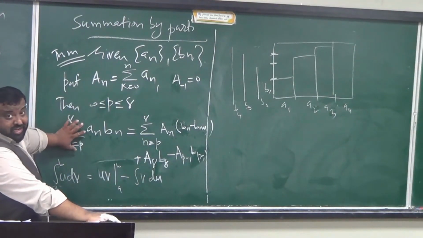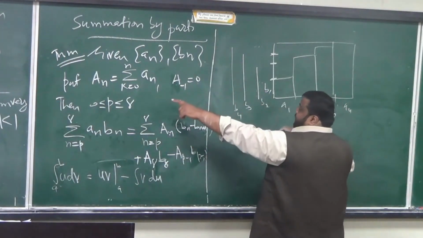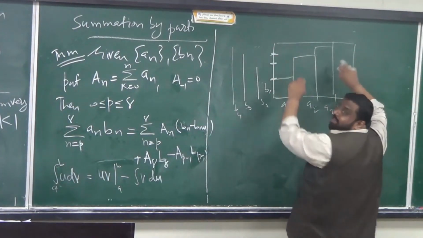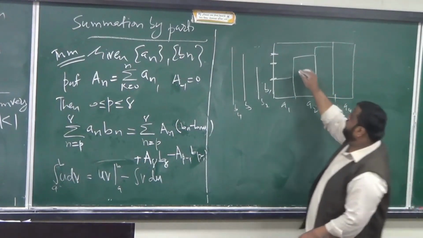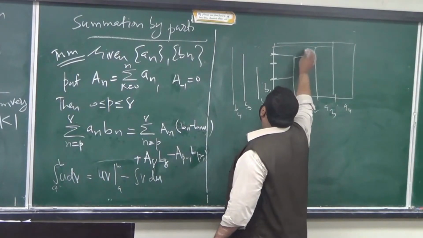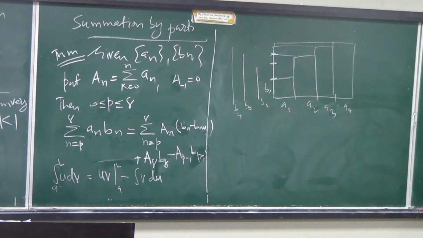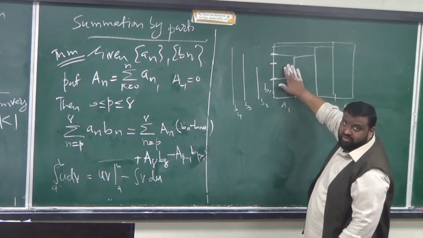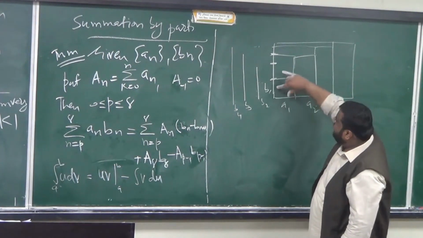So this formula is telling you that if you take these products, it is the same as taking the whole UV and subtracting out these bits. Then what are these bits? Let's think about it. This bit which is remaining is A1 times B2 minus B1.